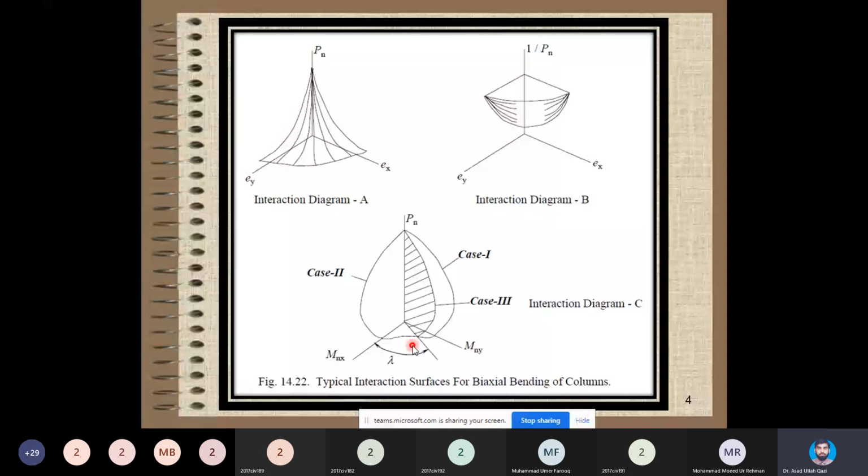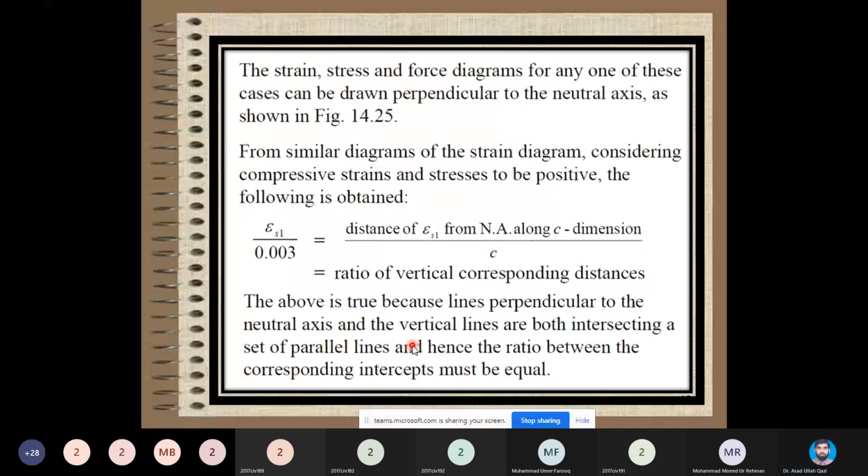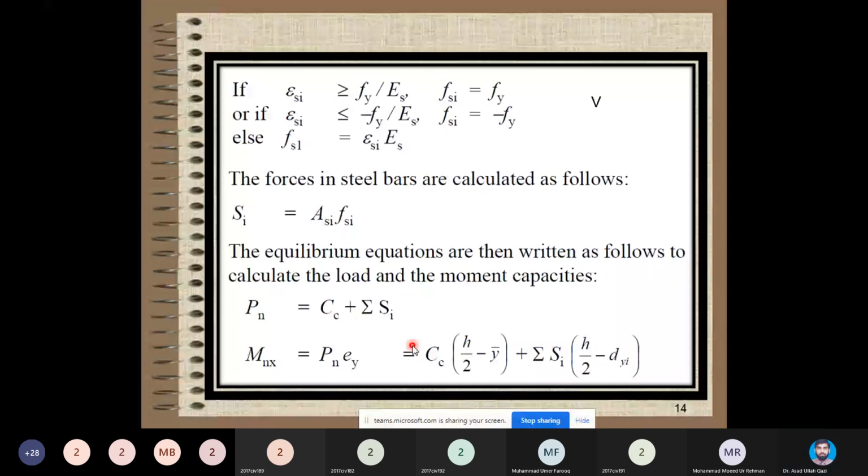Any lambda, any theta will give you one point on the surface, and that one point will be for one particular column with one particular Fc prime, one particular Fy and one reinforcement ratio, 1% or 2 or 3.